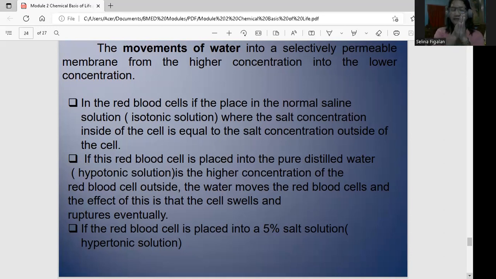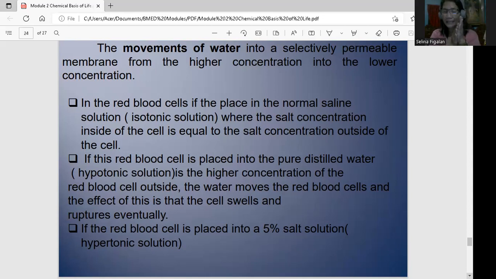This is your cell. This is your outside, yung nasa labas ng aking hand. Ang nasa loob, ito yung inside of the cell. Pag isotonic, neutral, equal. Kung ano man ang concentration sa labas, ganun din ang concentration sa loob. They are equal. Pag sinabing hypotonic, mas highly concentrated yung nasa labas na water.